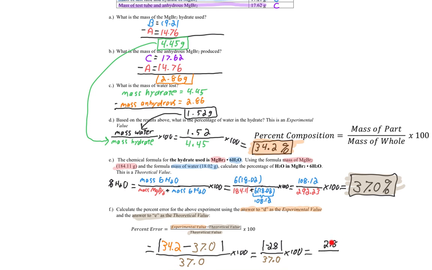So I need 2.8 divided by 37.0 times 100. I get 7.57%. So that is the percent error from this experiment, which means it's not too bad of an experiment.